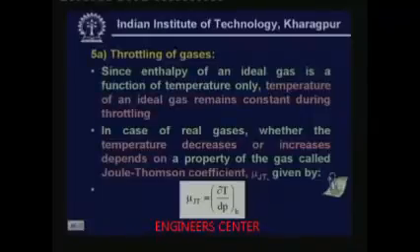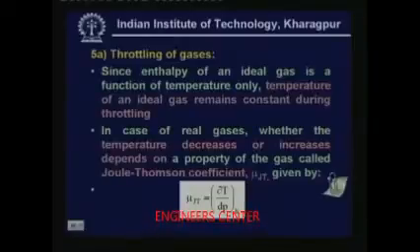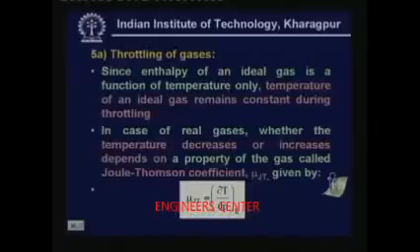During the throttling process enthalpy remains constant, right? That means temperature also has to remain constant as long as the gas behaves as an ideal gas. That means throttling of an ideal gas does not reduce the temperature. In fact, the temperature remains constant because the enthalpy remains constant, and the enthalpy of the ideal gas is a function of temperature only. So this is point number 1.